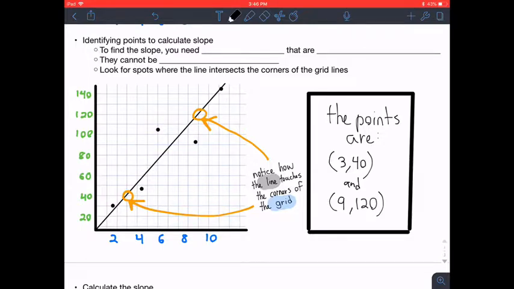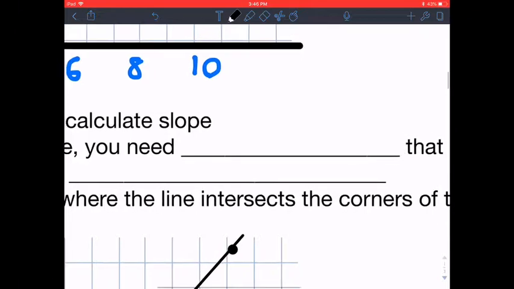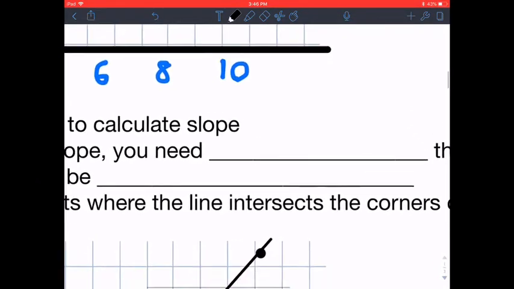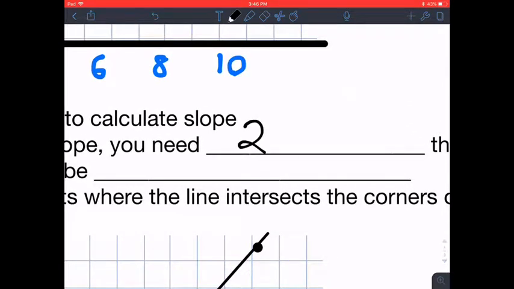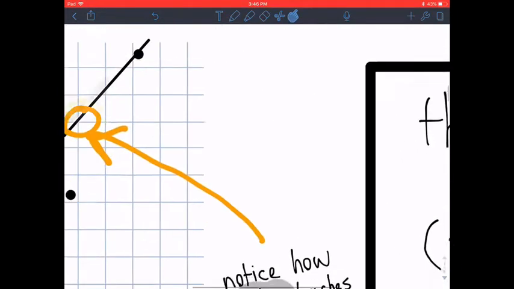So in order to find the slope, what you need is 2 points. And those 2 points need to be on the line. What do I mean by that?